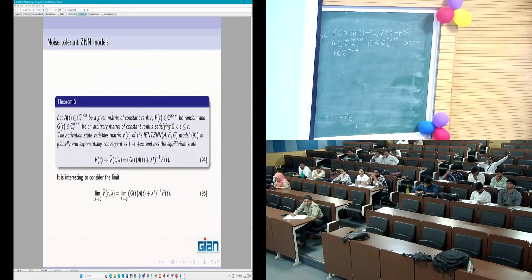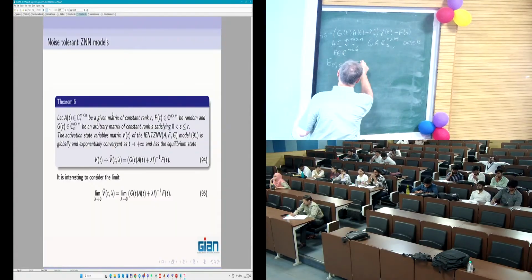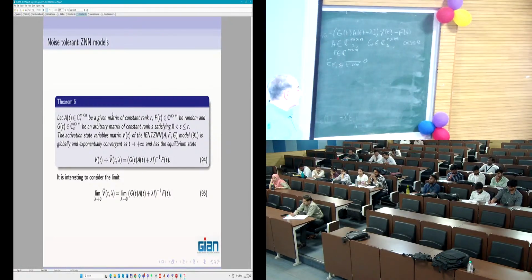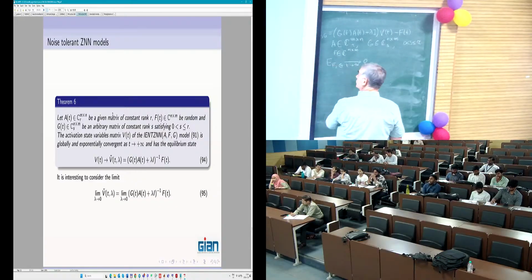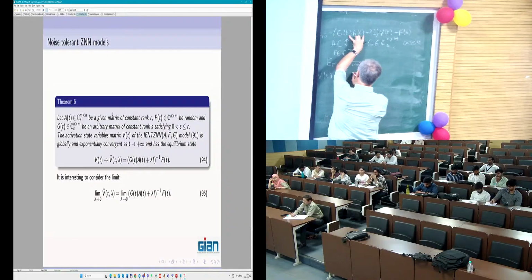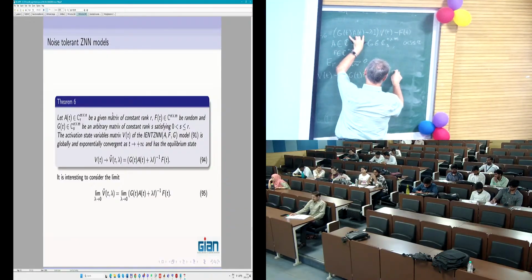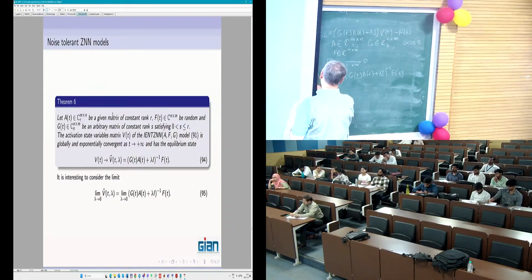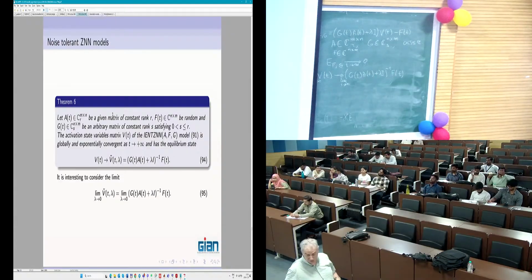What can we expect as a result? We can expect that as time goes on, the exponential convergence rate forces the error function to 0, and in that case we obtain the limit representation of generalized inverses.